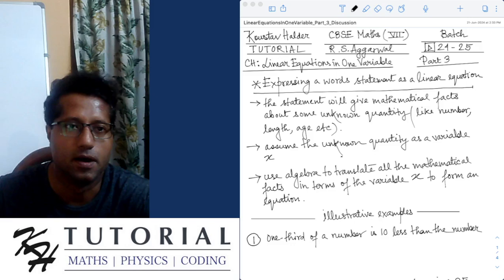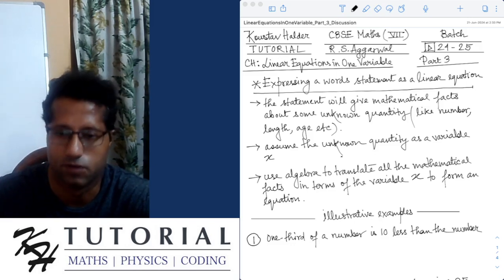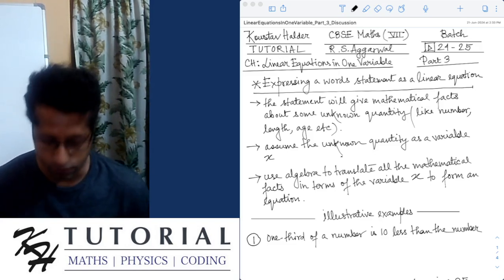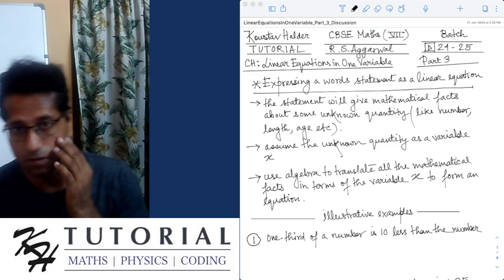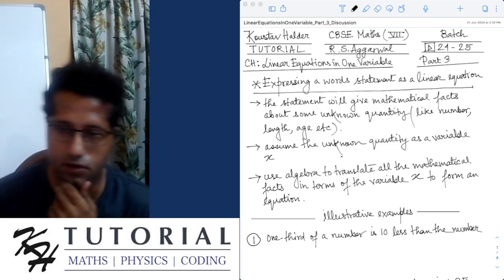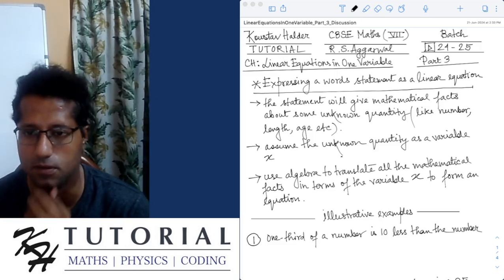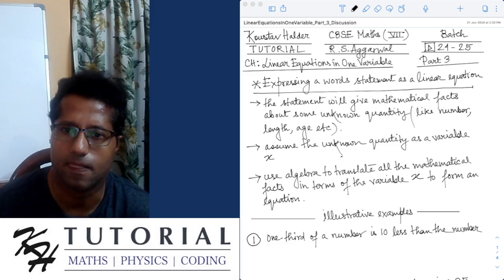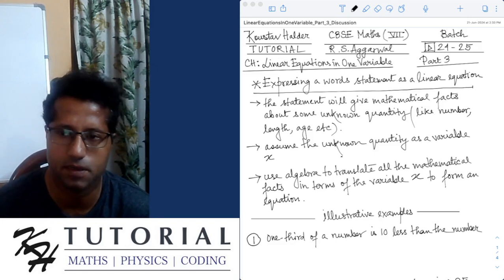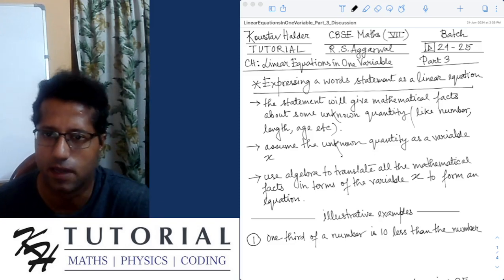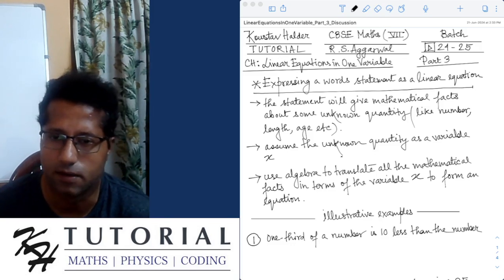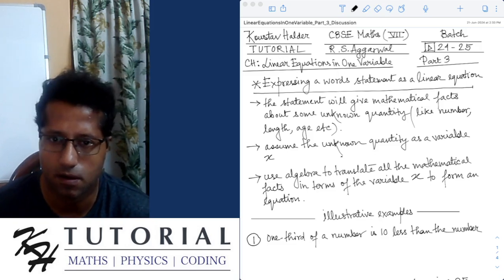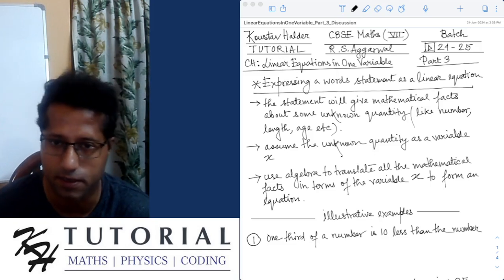Okay, so I have the canvas on the right hand side where I will discuss and solve few problems. So this is about expressing a word statement as a linear equation. So you will be given some fact in words, and those facts will be based on mathematical facts, around some unknown quantity.